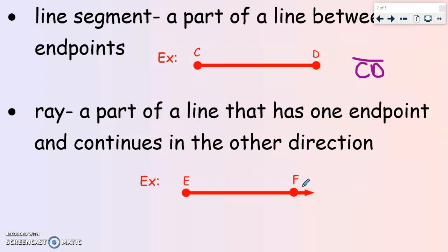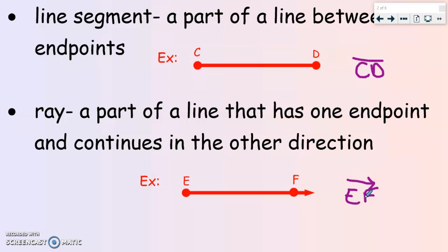So here we have point E, here we have point F, and the way that we could annotate this ray would be the names of the points, so E and F, and then the symbol above would look like a ray. It would be a line with just an arrow on one end.